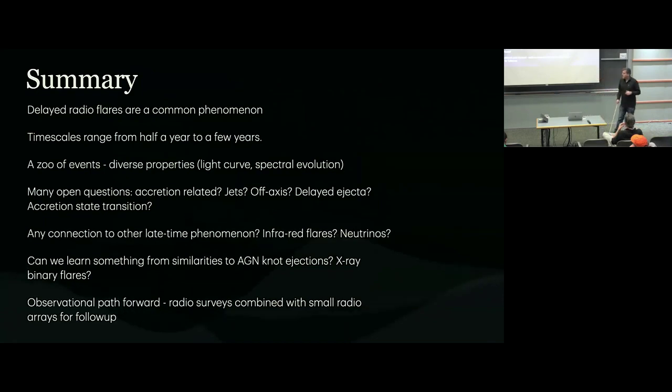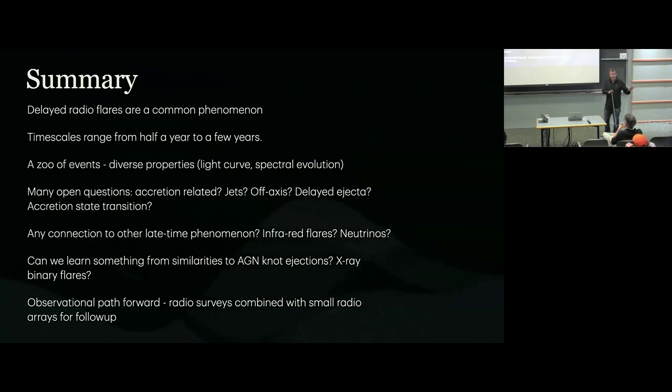And thinking about what we should do going forward, I think that radio surveys, like VLASS and ASKAP VAST, will play a big role in finding more of these delayed radio flares, but we need to follow them up. And we really need high cadence observations. We need the spectral information. VLA does that, and other observatories do that.